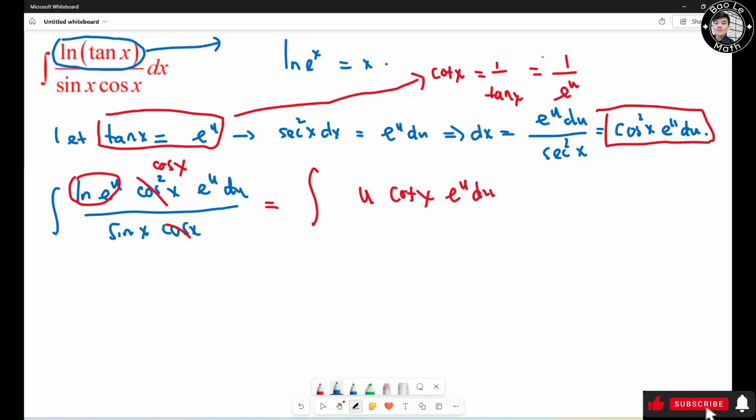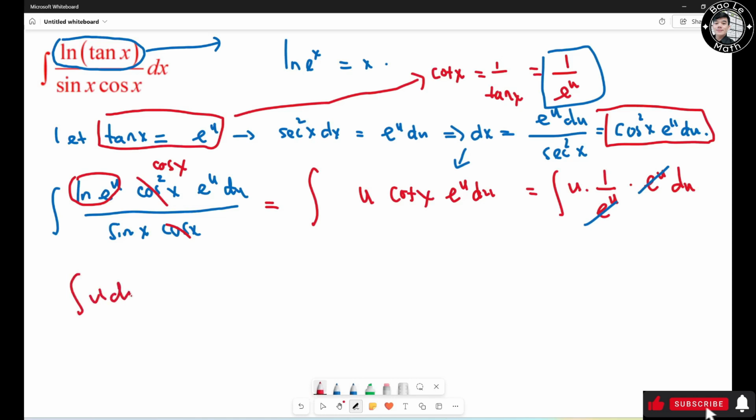Then you substitute this guy for cotangent s into this guy. So you have integral of u times 1 over e to the u times e to the u du, right? Now we're going to simplify this guy and this guy. So finally we have integral of u du, right?